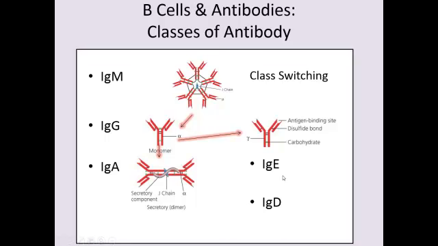IgE has some good functions, but we're mainly going to focus on its bad functions, which is its involvement in allergies. Cells that are producing IgG will class switch to producing IgE, which has a tendency to attach to mast cells or basophils. So they're hanging out when they contact their antigen. Specifically, if it's an antigen that is involved in allergies, we call it an allergen.